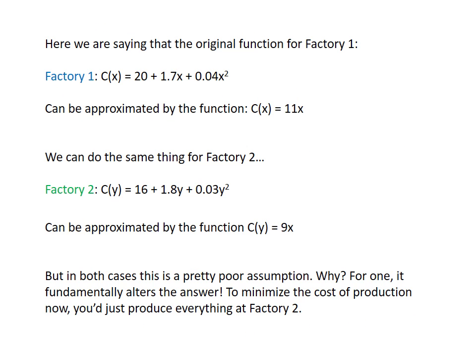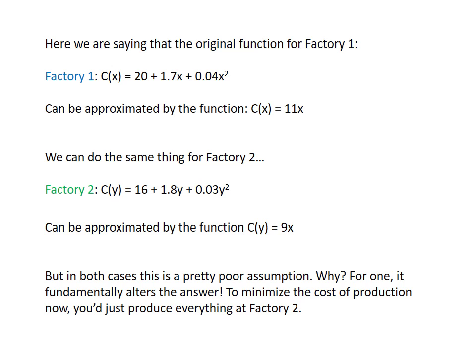And so what we're really doing here is we're taking this original cost function for factory 1 and we're saying, all right, we know this is imperfect, but we can approximate this function by just using a line. So we're basically saying that c of x goes from 20 plus 1.7x plus 0.04x squared, and now we're just going to model that same cost function from factory 1 as 11x.